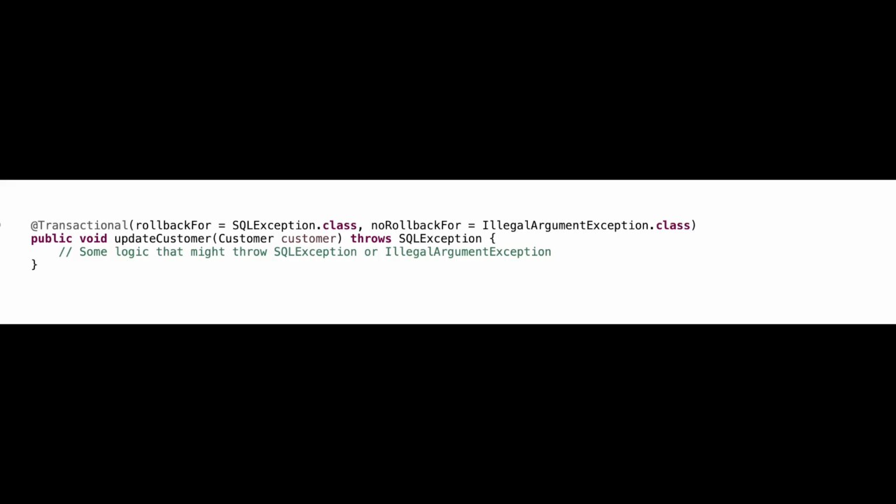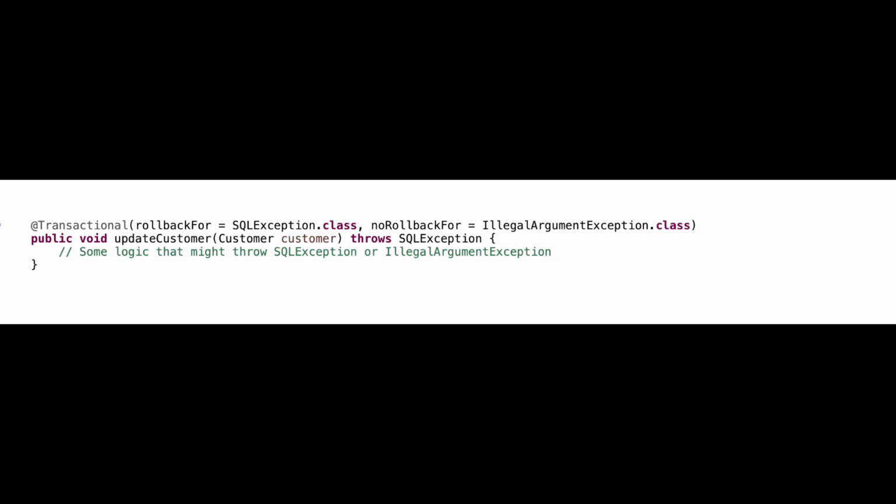If you take a look at this example, if a RuntimeException is thrown, the transaction will be rolled back immediately. If a checked exception is thrown, Spring will commit by default unless the @Transactional annotation is configured to roll back on checked exceptions.